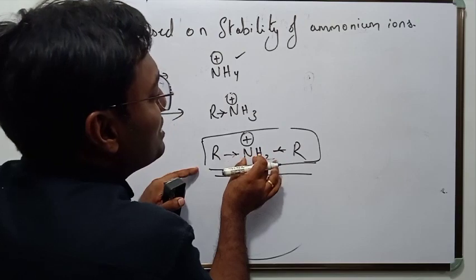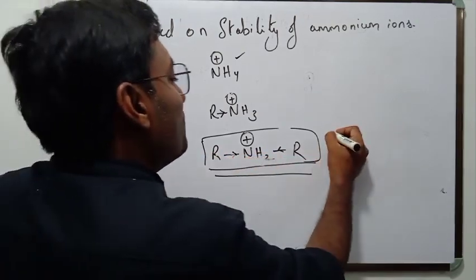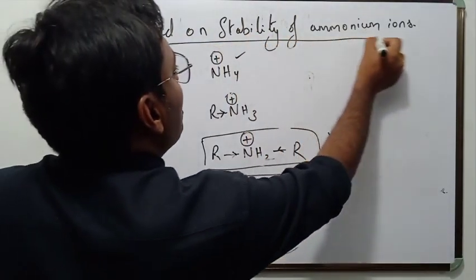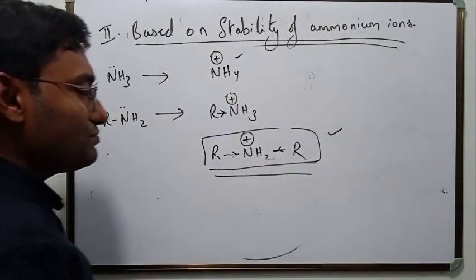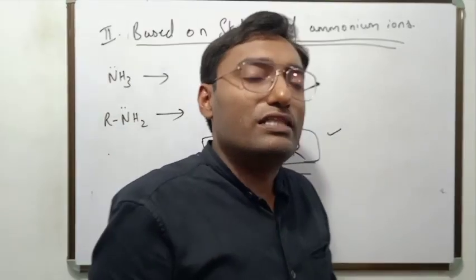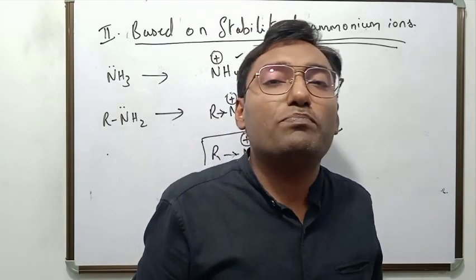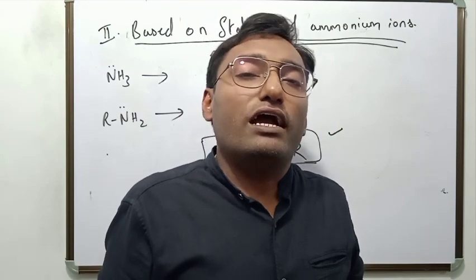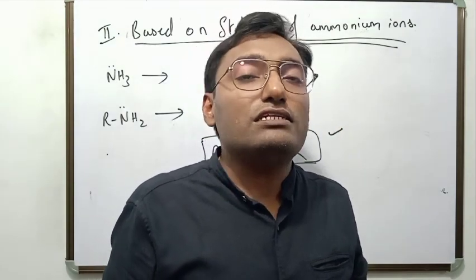So the secondary amine also wins from the perspective of the stability of the ammonium ion. Dear students, that is what stability is. That is how we prove that the secondary amine is the most basic, followed by the primary amine, followed by the tertiary amine, and the least basic of all is ammonia.